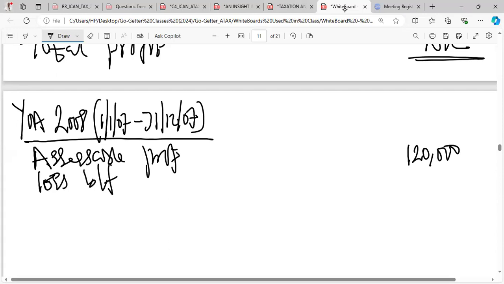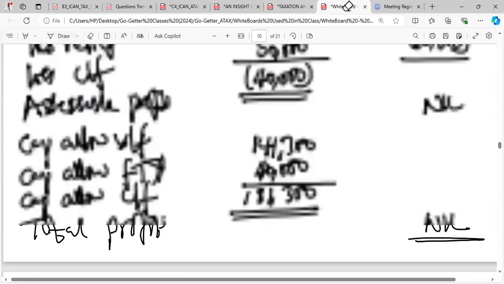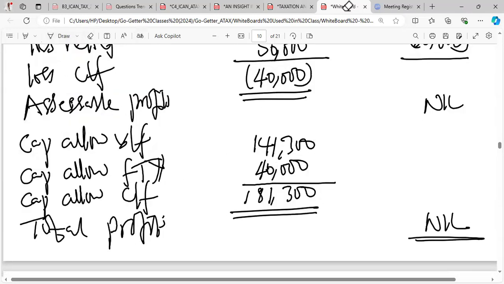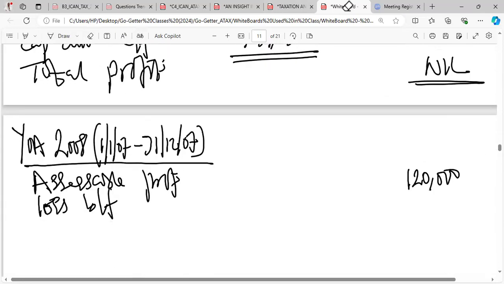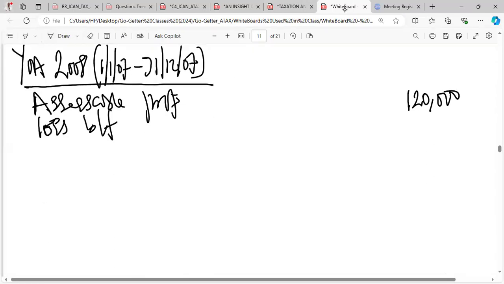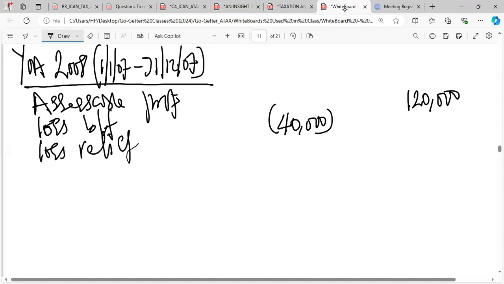Loss brought forward. How much was the loss brought forward? 40,000. So we'll take that. 40,000 was brought forward. Loss relief, 40,000.